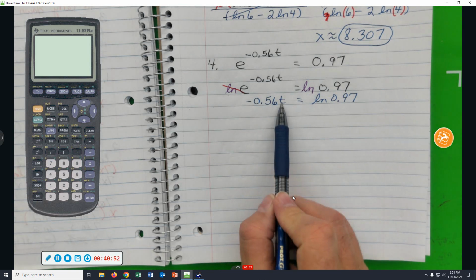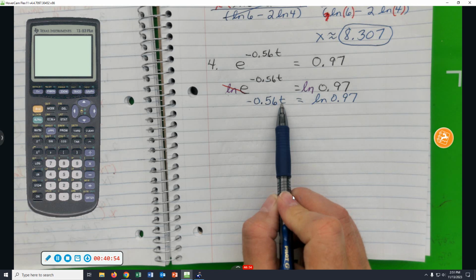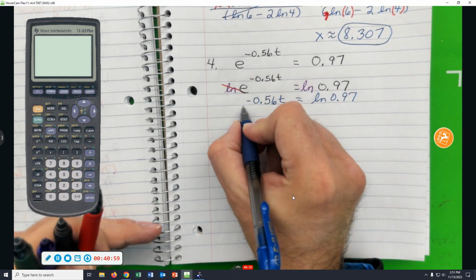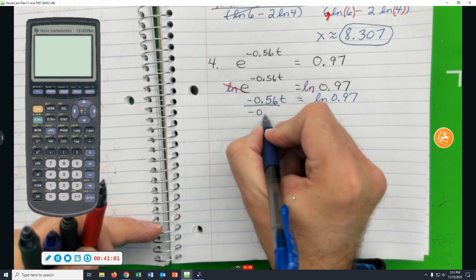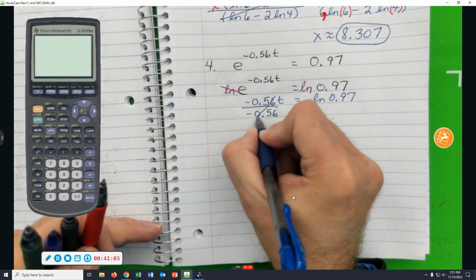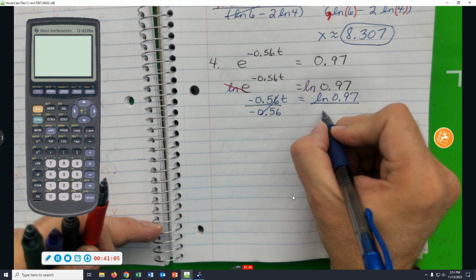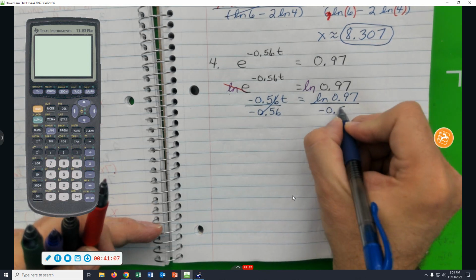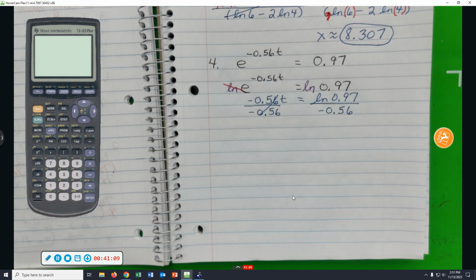How do I isolate this variable t? What will I need to do to both sides? Divide both sides by negative 0.56.